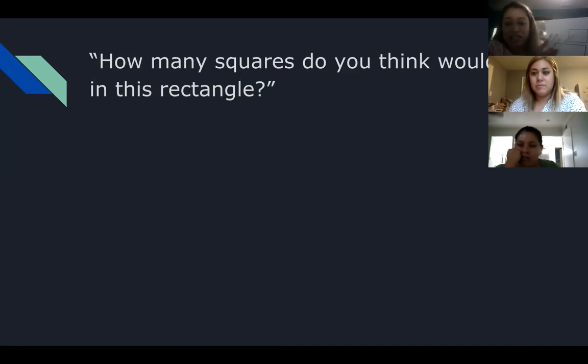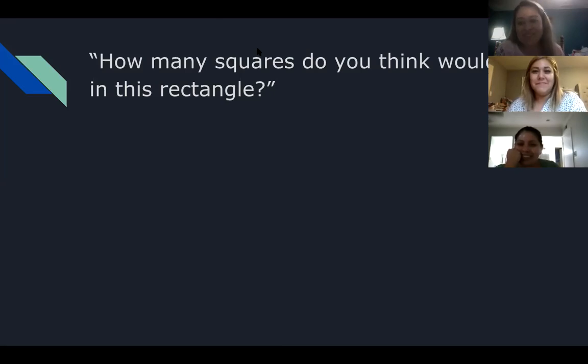If you were to multiply 5 times 3, what would you get? 15. Okay. And how many little square units did you get on the inside? 25. That's interesting.